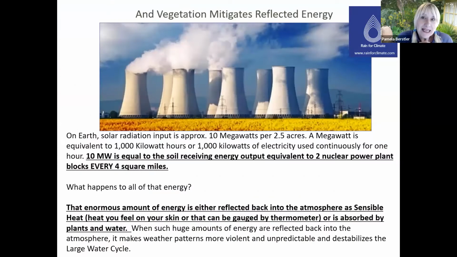So here's an interesting thing. Every day, the sun shines down this incredible resource, and also incredible energy, right? I'm going to have to read it because it's 10 megawatts per 2.5 acres, which is the equivalent of having 2 nuclear power plant blocks every 4 square miles.